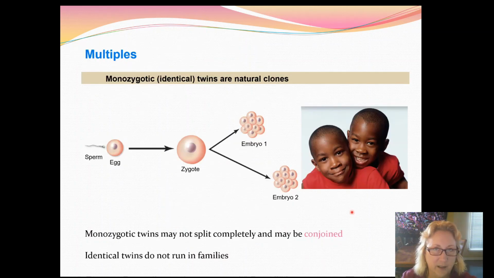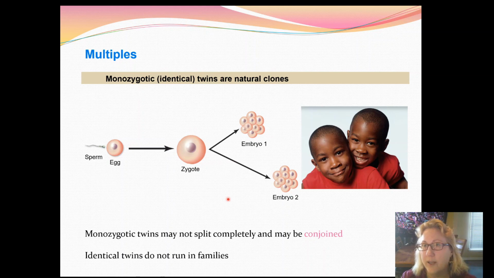There are genetically identical individuals, though, identical twins. And identical twins are natural genetic clones. We call them monozygotic twins, meaning mono means one, and zygote is zygote. So monozygotic means they're from a single zygote. That means one egg, one sperm, one zygote.